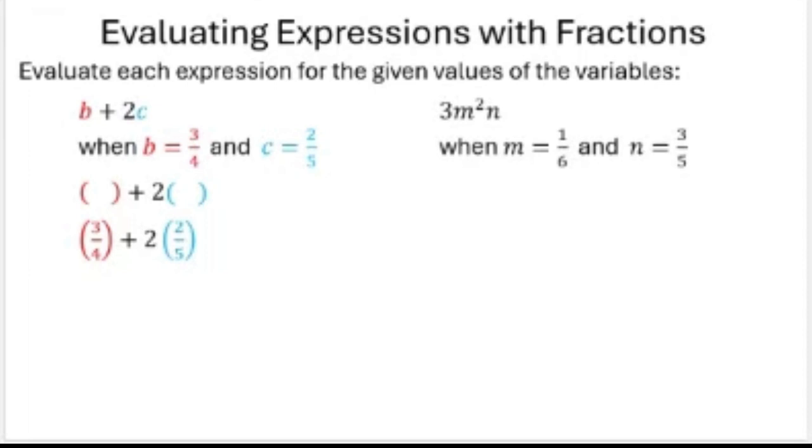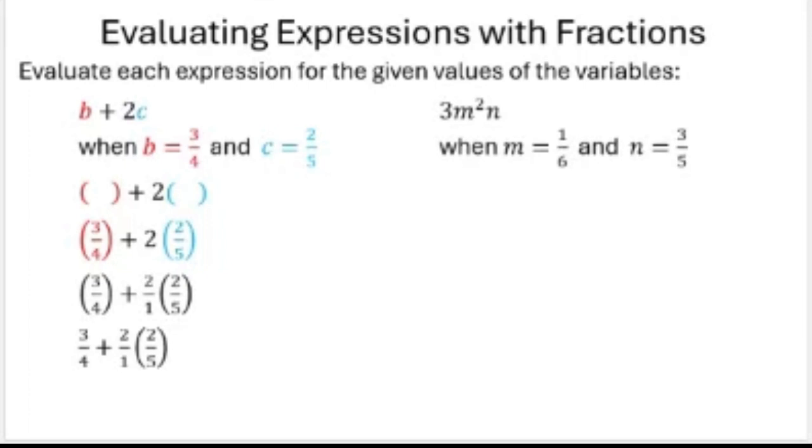And once you've done that, we just have an expression to work out. It's all numbers now, right? We replaced the b and the c. So let's work this out step by step. Why do I have two steps showing the same?